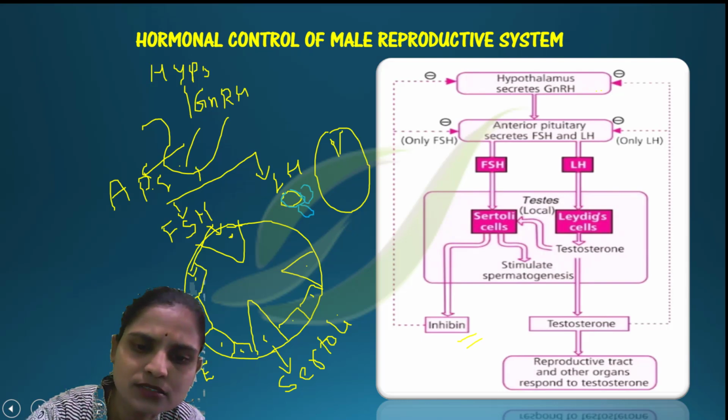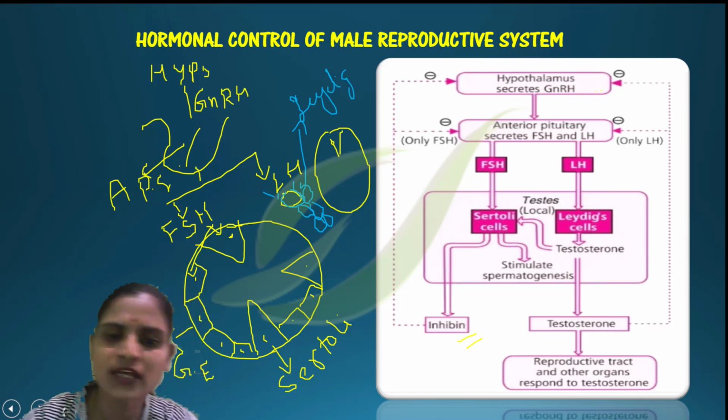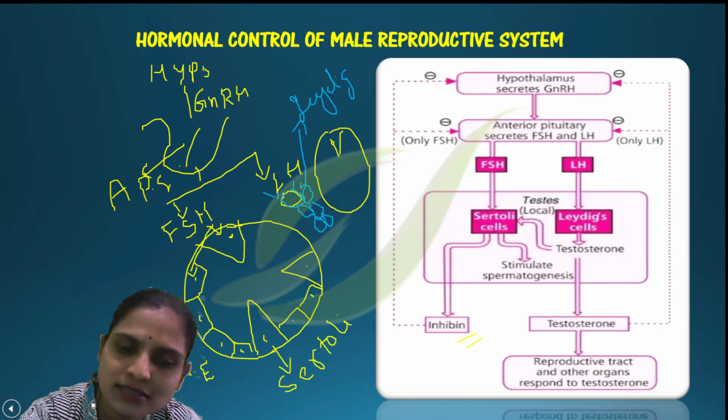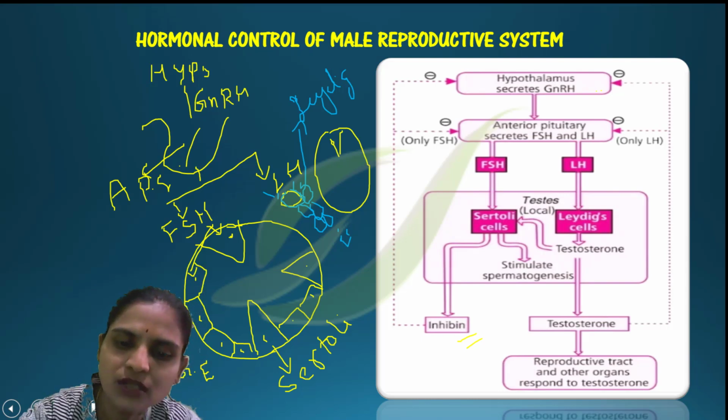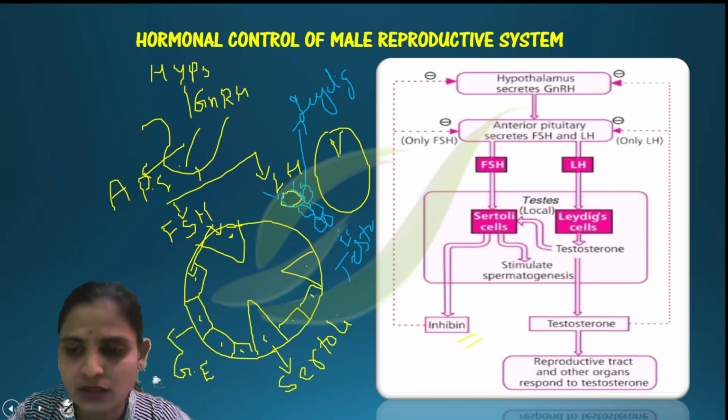So the LH hormone will act on these Leydig cells, and the Leydig cells will start producing testosterone hormone, which is nothing but androgens.